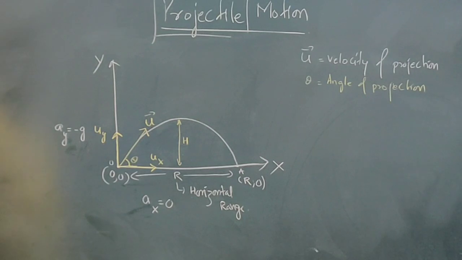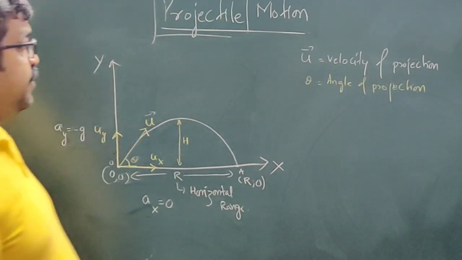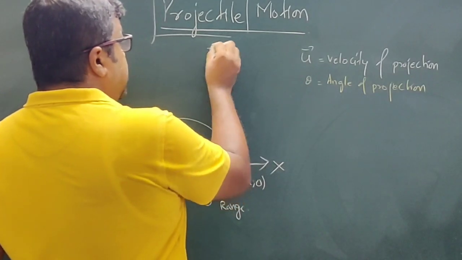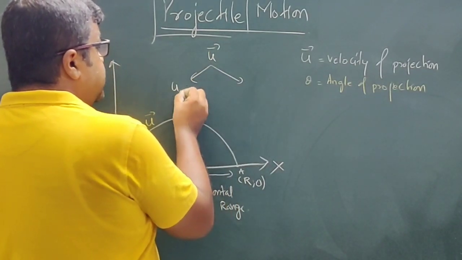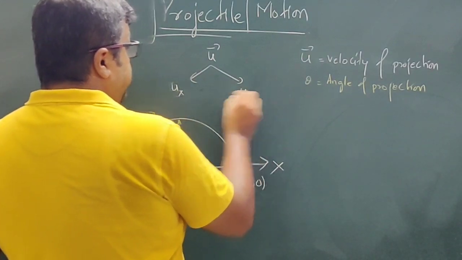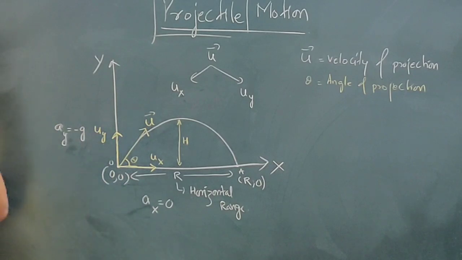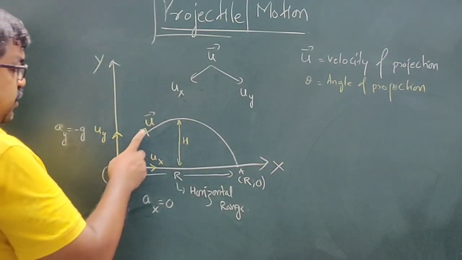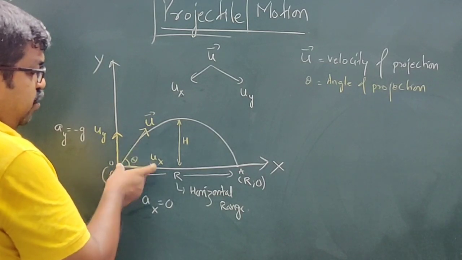See this velocity, I have broken it into ux and uy. Ux is the velocity along the x-axis, uy is the velocity along the y-axis. Now, if this is u and this is theta, what will be ux? This component will be u cos theta.